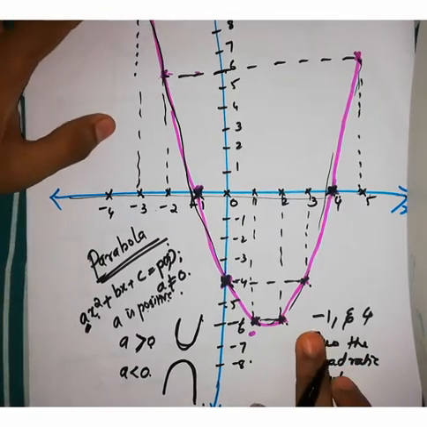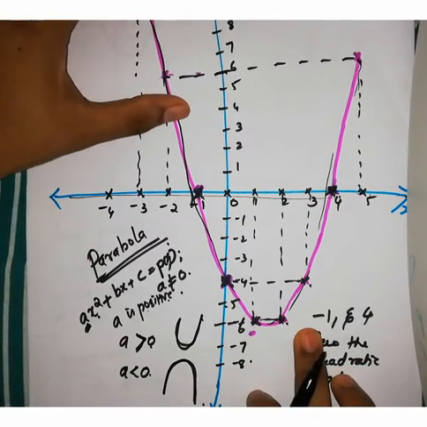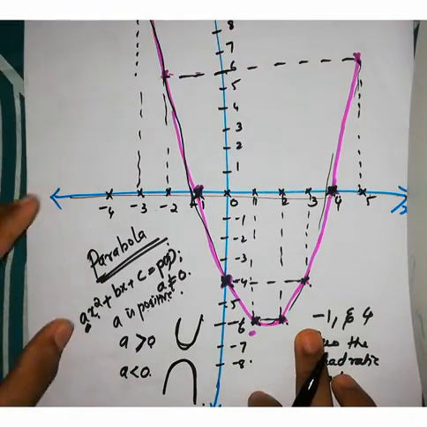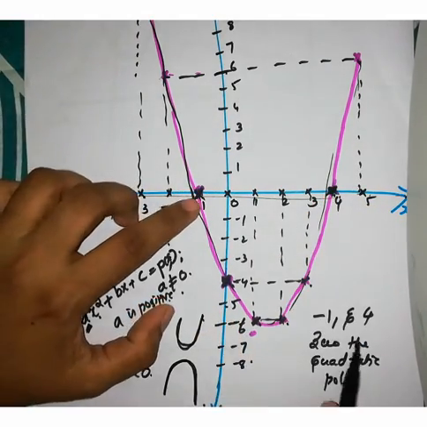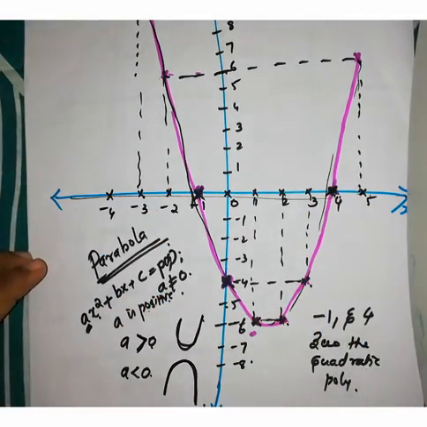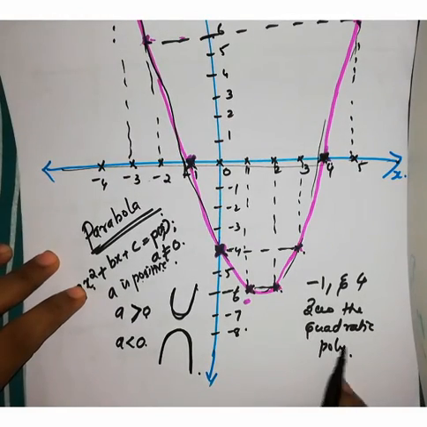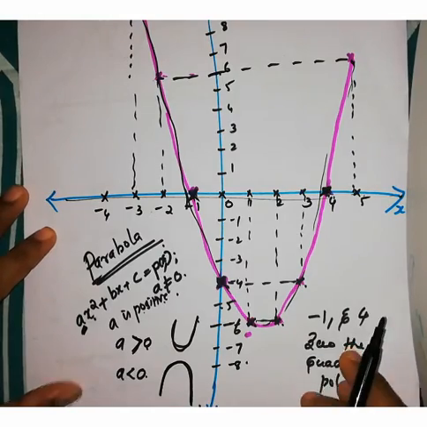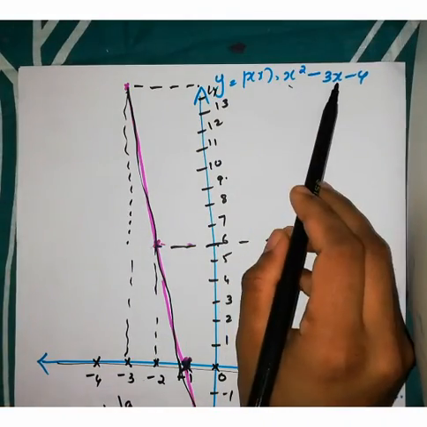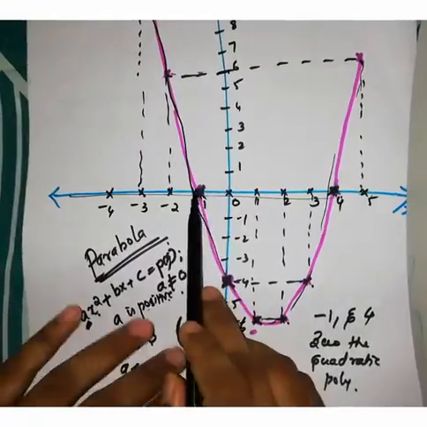So from this graph we can see that the parabola touches the x-axis at 2 points, that is minus 1 and 4, and these are the zeros of this quadratic polynomial. From which we can see that our expression p of x is equal to x square minus 3x minus 4 has 2 zeros.